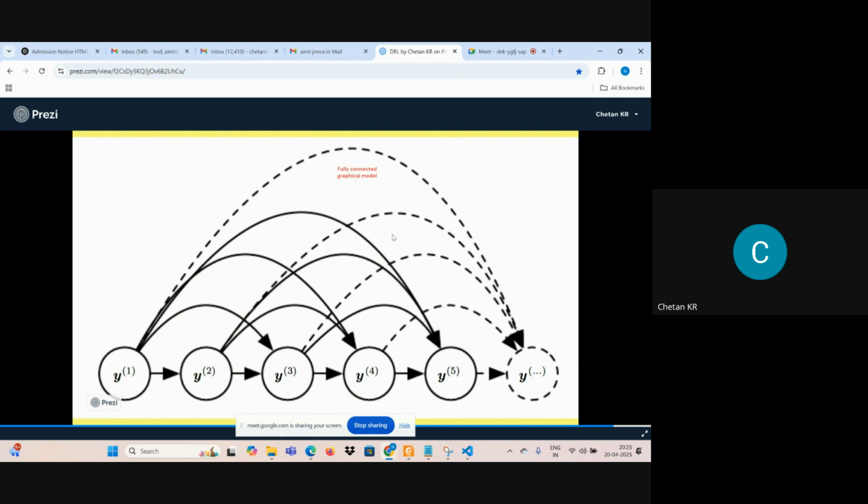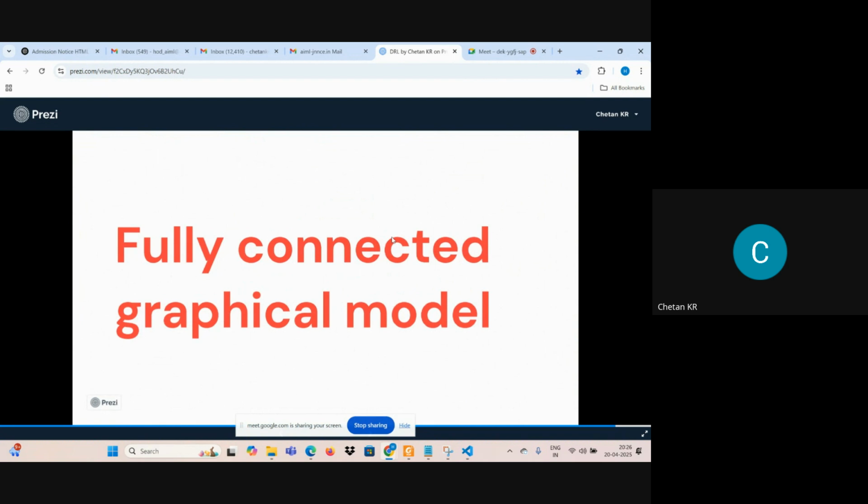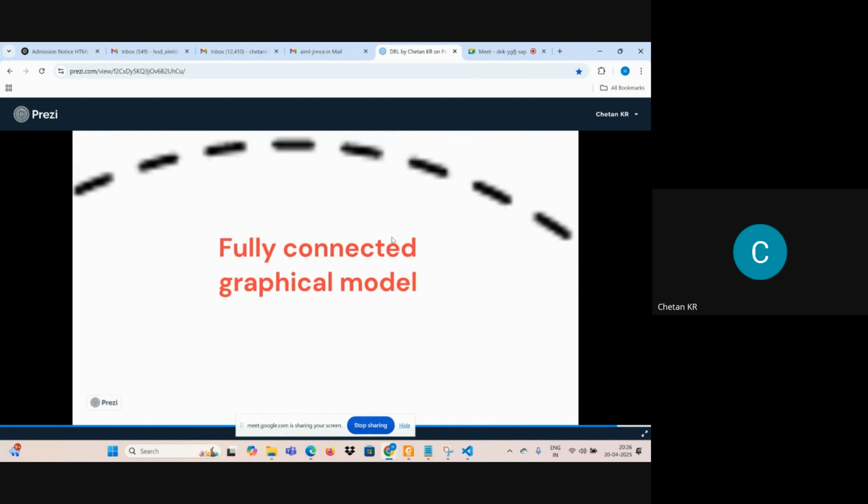The second output depends on the first. The third output depends on the second and first. The fourth depends on the third, second, first, etc. The output at T depends on all previous outputs, 0 to T minus 1. These directed connections are called a fully connected graphical model, where a current output depends on all the previous outputs in the sequence.